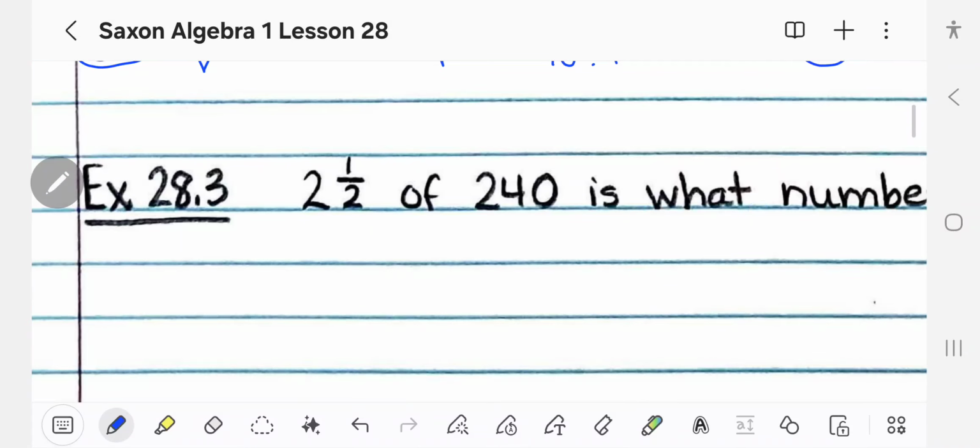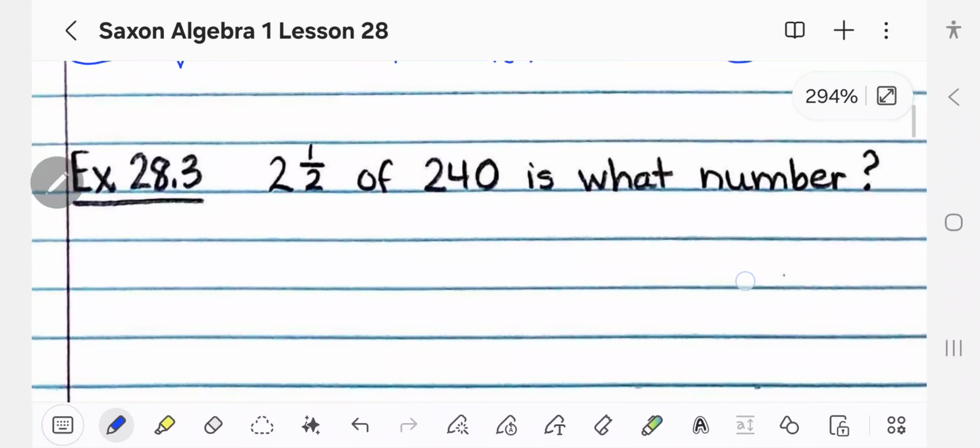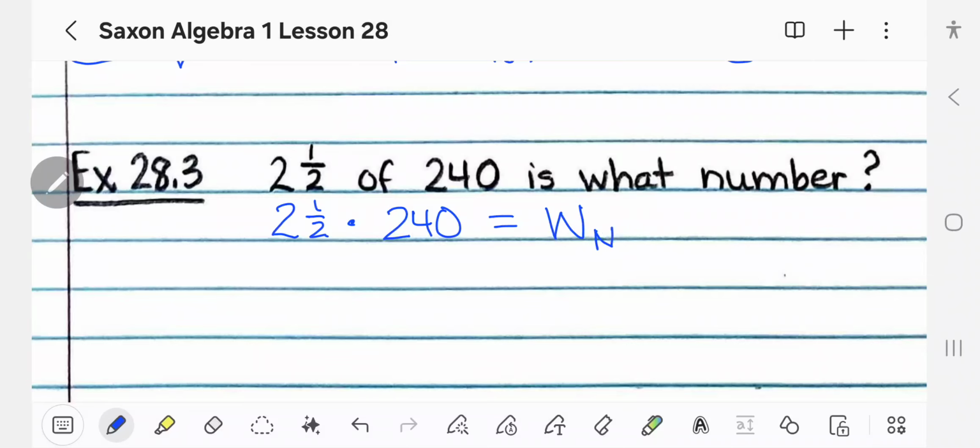Example 28.3. Now this is a little different because they're giving us a mixed number, 2.5 of, which is multiply, 240 is what number? So I can just multiply those two, and I could change that to a decimal if I wanted to, 2.5, or I could do it as an improper fraction. So that would be 5/2.